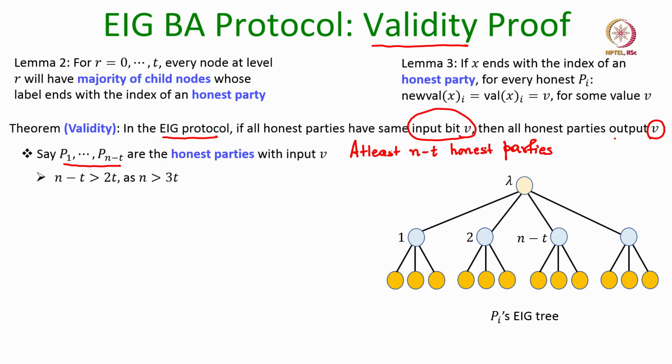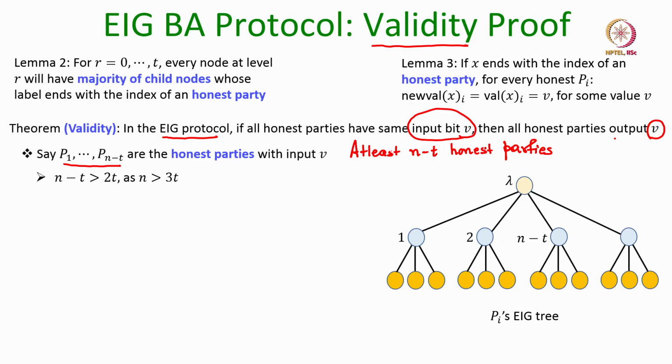But what we will know is that there are at least n minus t honest parties. To do the analysis, I am making a simplified assumption that the first n minus t parties are the honest parties. This is without loss of generality, because the proof carries over to the general case where the n minus t parties are scattered, meaning their indices need not be consecutive.